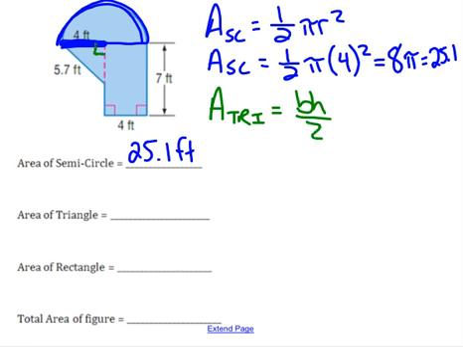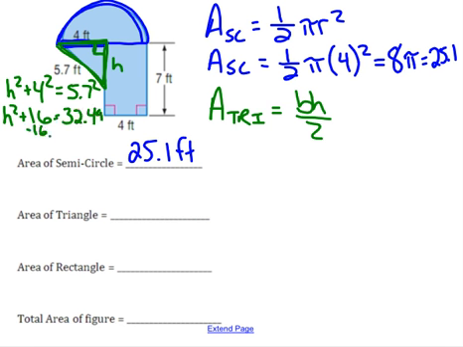Looking at this, this is my right angle. The sides I wanted to use, we don't quite have the base and the height. But what we do want is this height here. So we're going to use the Pythagorean theorem: h squared plus 4 squared equals 5.7 squared. So h squared plus 16, and 5.7 squared is 32.49.